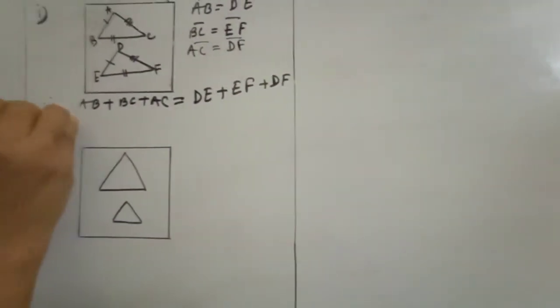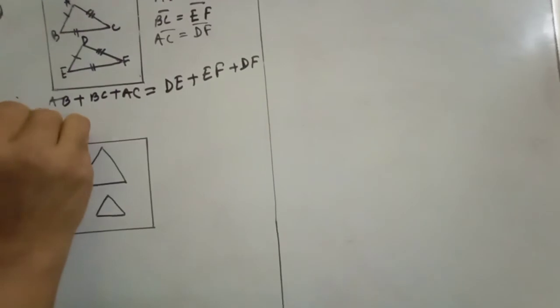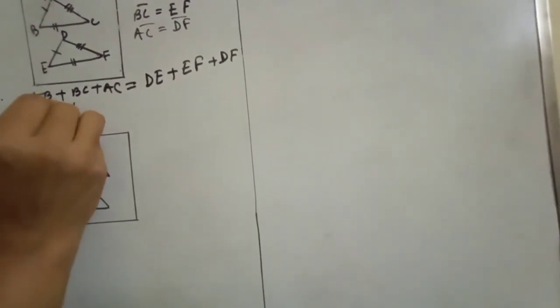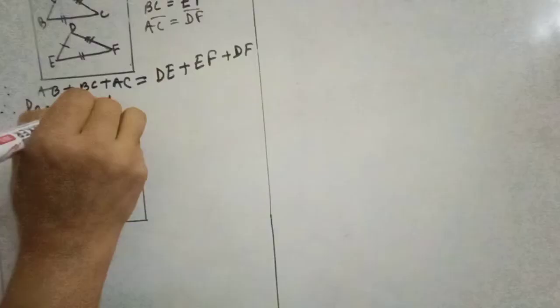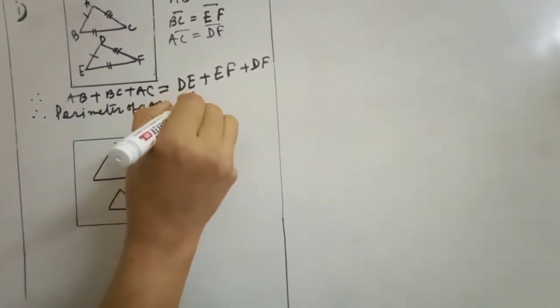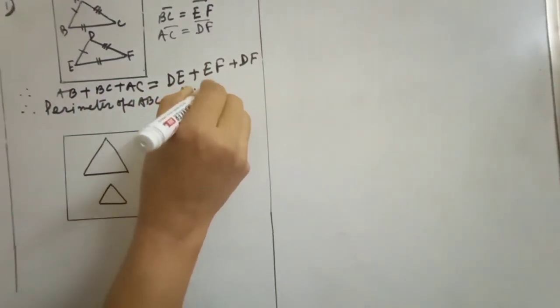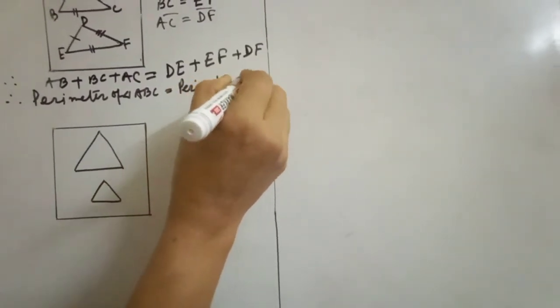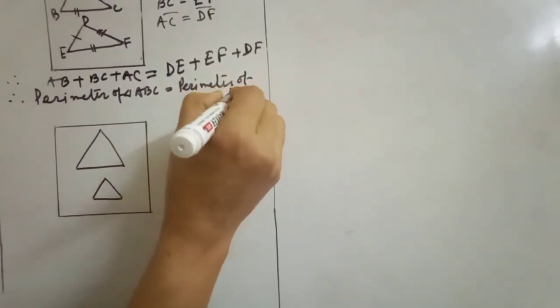That means the perimeter of triangle ABC is equal to the perimeter of triangle DEF.